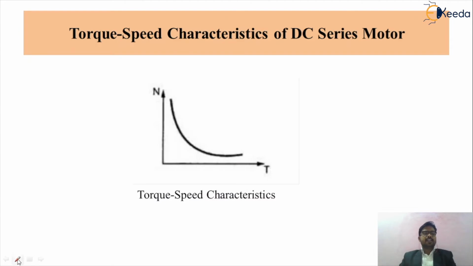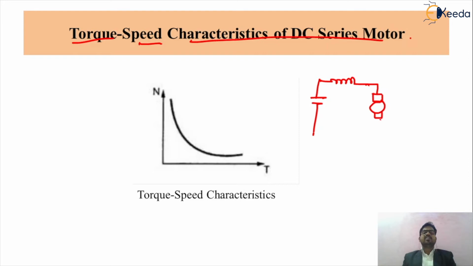Now friends, we can discuss the torque speed characteristics of a DC series motor. As we know, in traction drives the DC series motor is very popular. So what do we mean by the DC series motor? In the DC series motor construction, the field winding is in series with the armature winding.